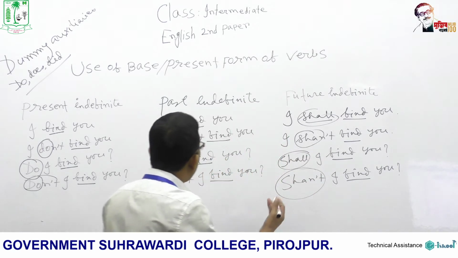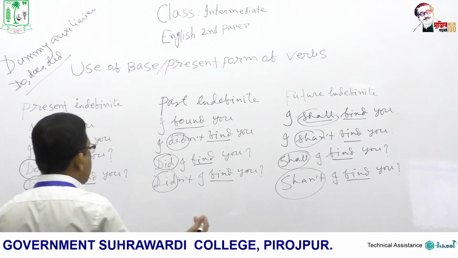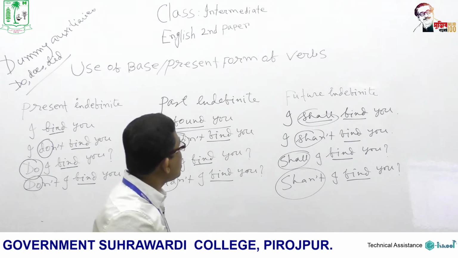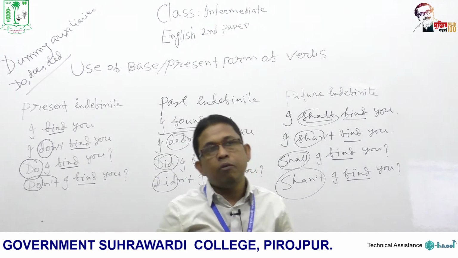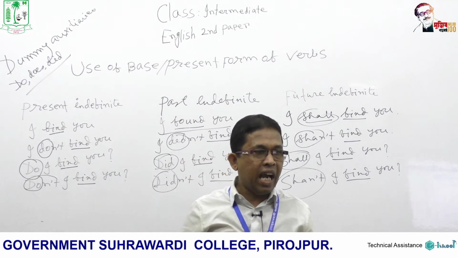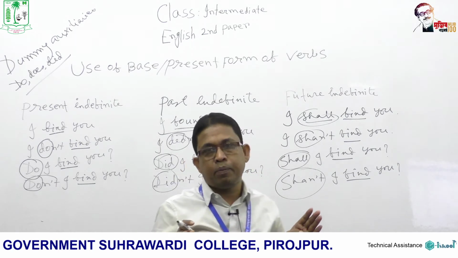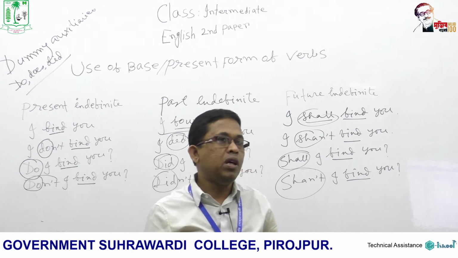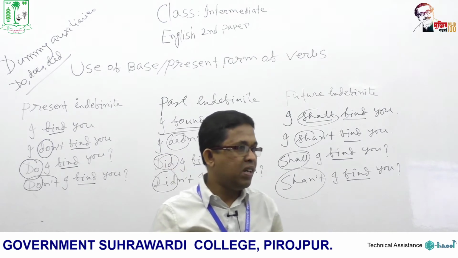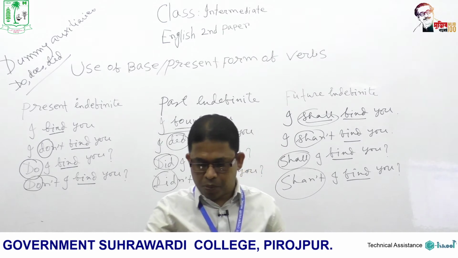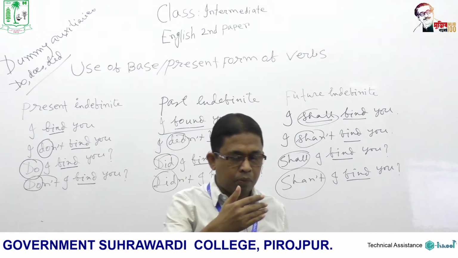There is only one exception, that is in the affirmative sentence of past indefinite tense, we are to use the first form of main verbs, and in all the other cases in indefinite tenses, we are to use the base form of main verbs. This is one rule for using the base form of main verbs.